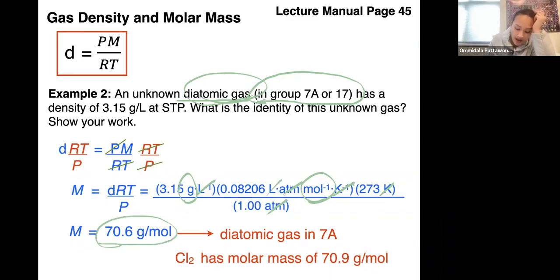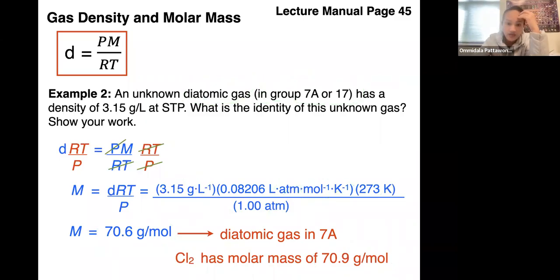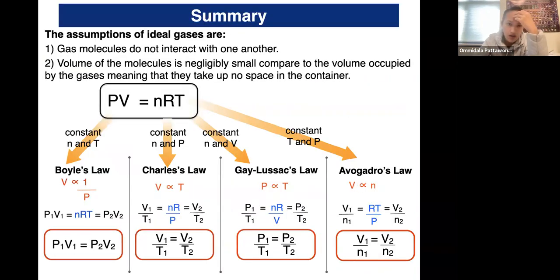If you add chlorine together 2 times, you get 70.9. Therefore, we can say that chlorine is the identity of this unknown gas. So that's the answer.